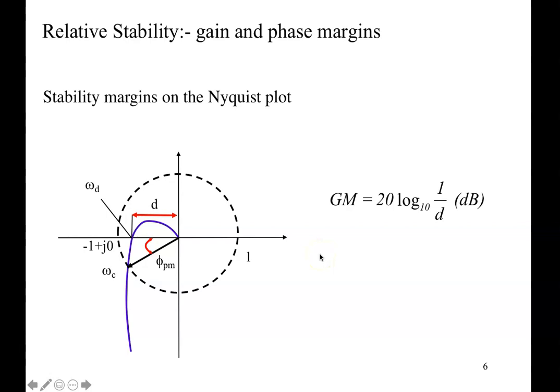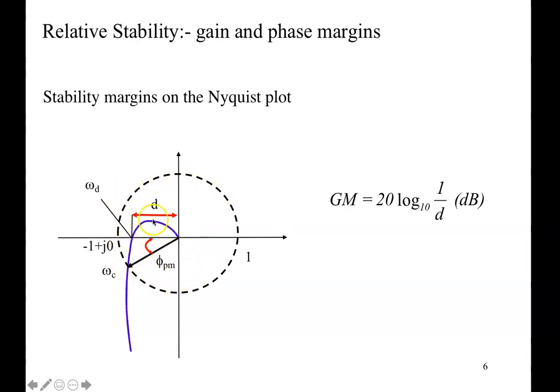There's also a phase margin as well, because the Nyquist plot is formed from AC gains. AC gains have phase and magnitude. Okay? Phase margin is measured by this angle, where the Nyquist plot crosses the unit circle.